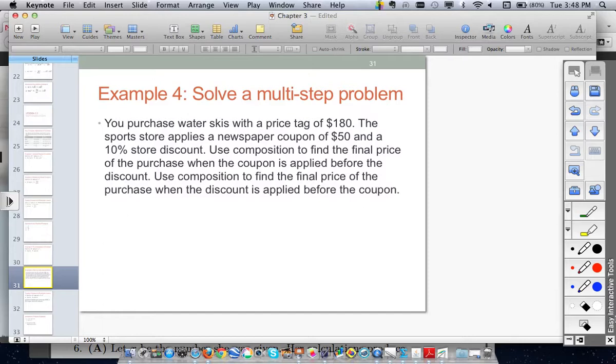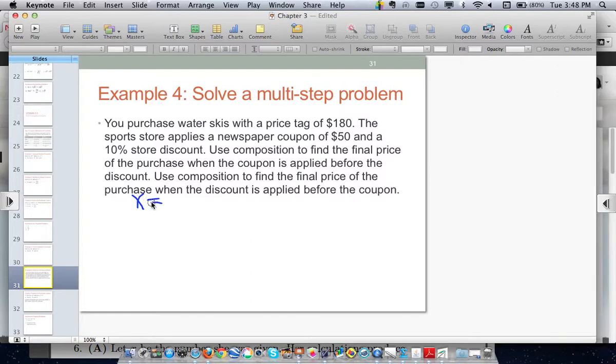The first thing that we want to do is write out the functions. What's happening to the price in each scenario? One is we're applying a discount and one is we're applying a coupon. So of course, x is going to represent the sales price. And I know that it gives us the sales price in the coupon, but thinking about it in terms of functions, we need to have a variable here.